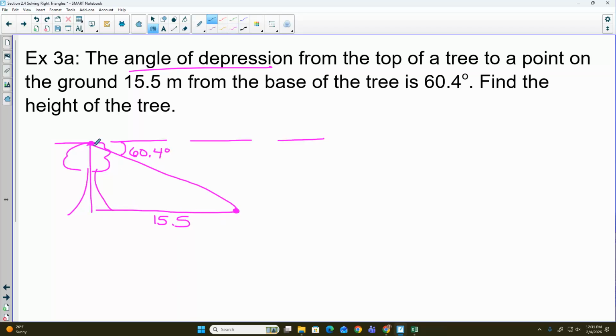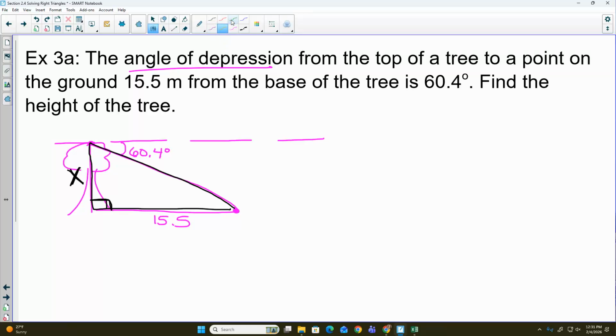No matter what your artistic ability, at this point, what have we just created? A right triangle. Okay, we are going to assume that our tree is forming a right angle. So now we just have to find the height of the tree. So I am looking for this side here, my x.